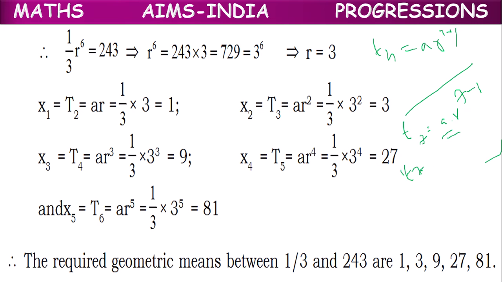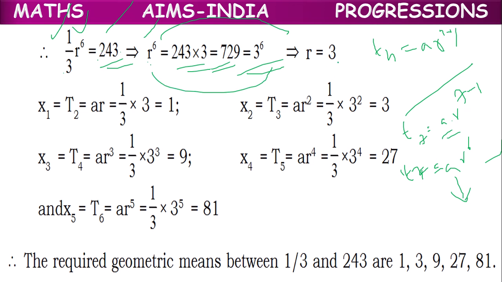T7 equal to a into r power 6, which is equal to 243, and the a value we already know, 1 by 3. So 1 by 3 r power 6 equal to 243. So r power 6 equal to 243 into 3, which is 729, and can be written as 3 power 6. As the powers are same, we can equate the bases, so r value will be equal to 3.